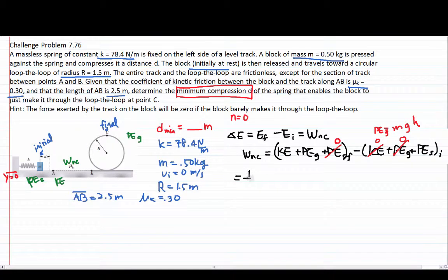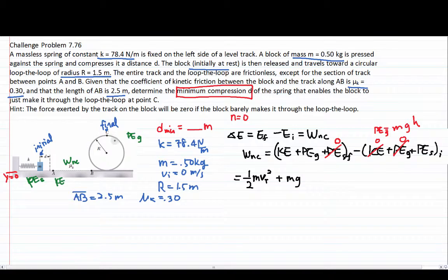Then I can write down each energy in more refined form. One half m v squared. I'm going to put t because our tangential velocity will be the same as our final velocity, plus mg.